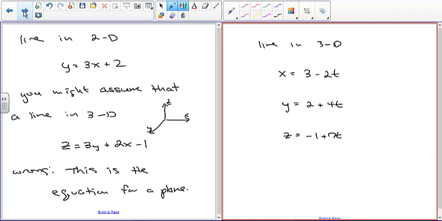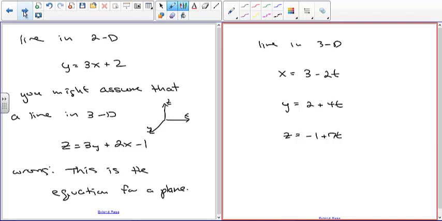And the equation for a line in 3 dimensions is a parametric equation. So you have x equals some function of t, y is some function of t, and z is some function of t. Now there is a way of eliminating the parameter, but it doesn't allow you to plot the function that much.